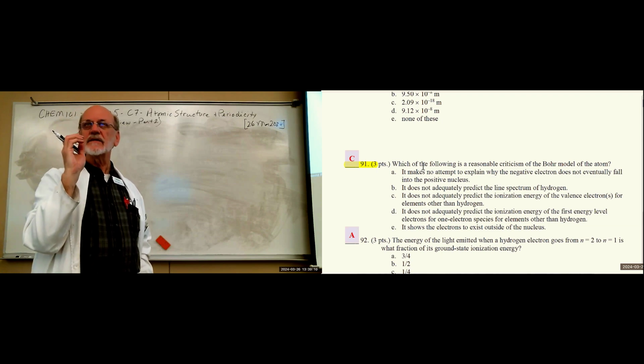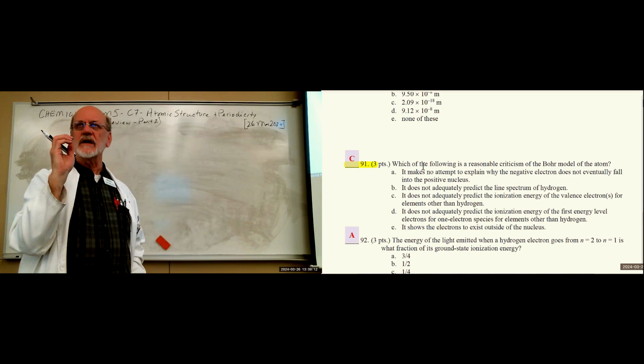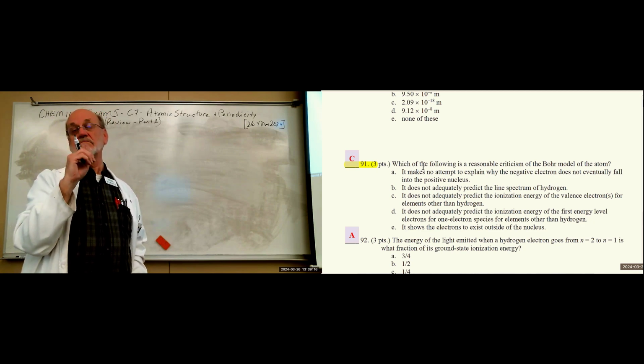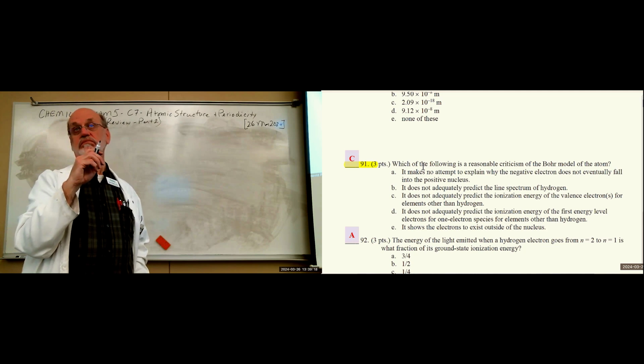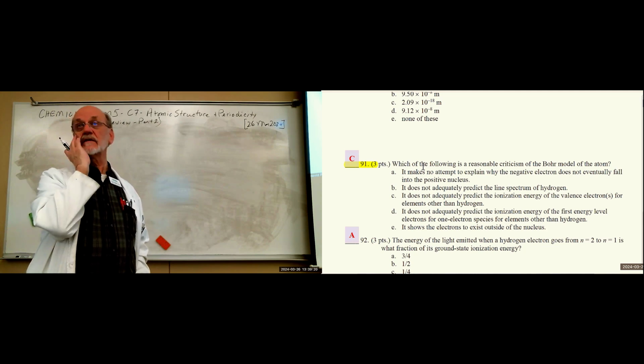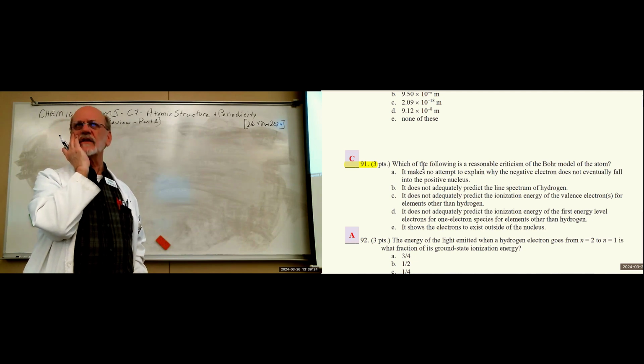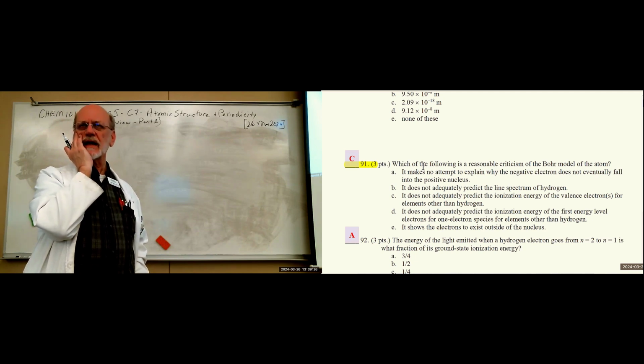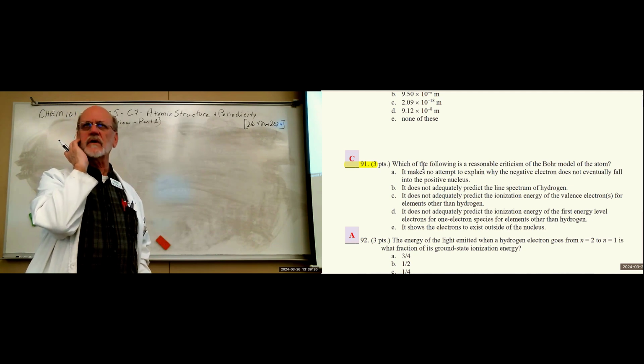C, it does not adequately predict the ionization energy of the valence electrons for elements other than hydrogen. Yeah, that's a valid criticism. Right. So A and C both. D, does not adequately predict the ionization energy of the first energy level electrons for one electron species.